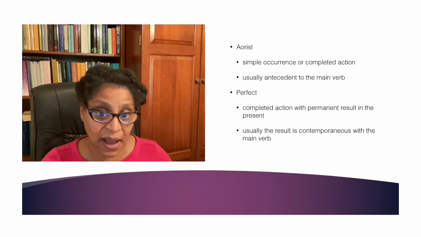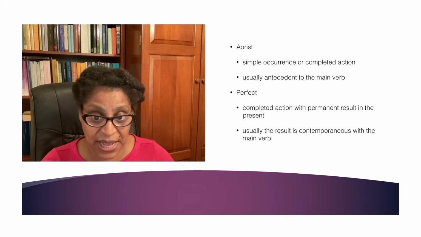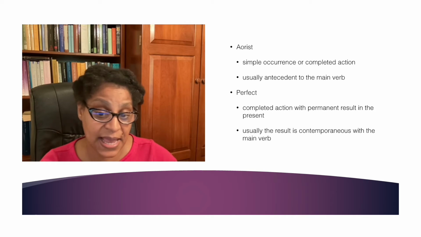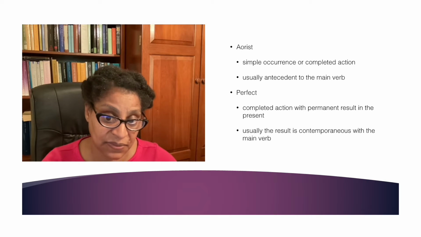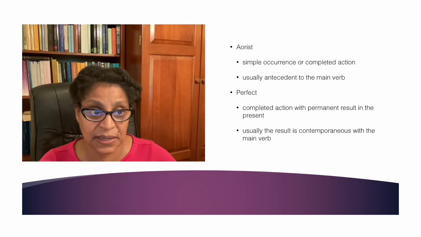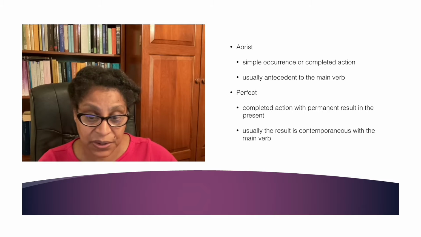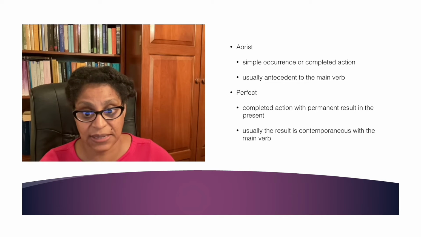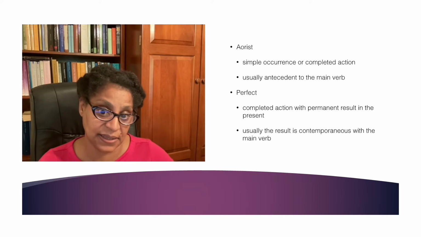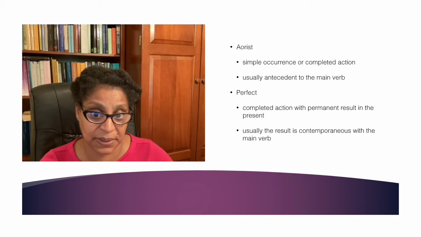And it's not the fact that the action happened before the main verb. Yes, oftentimes the action is prior to the main verb, but that's not the reason the writer is using the aorist. The writer is using the aorist because he wants to indicate the quality of the action, the instantaneousness, the fact that it's done and complete as soon as it happens.